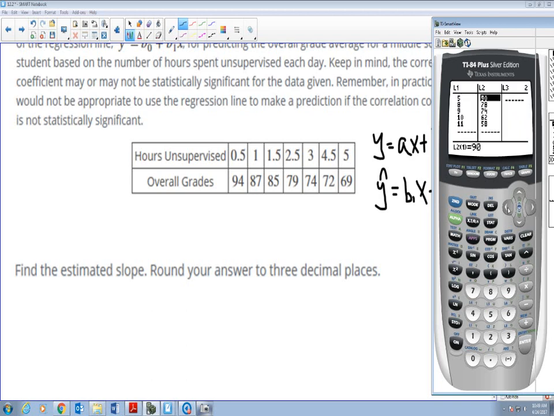Let's key this in. 0.5, 1, 1.5, 2.5, 3, 4.5, 5. So 94, 87, 79, 74, 72, 69.